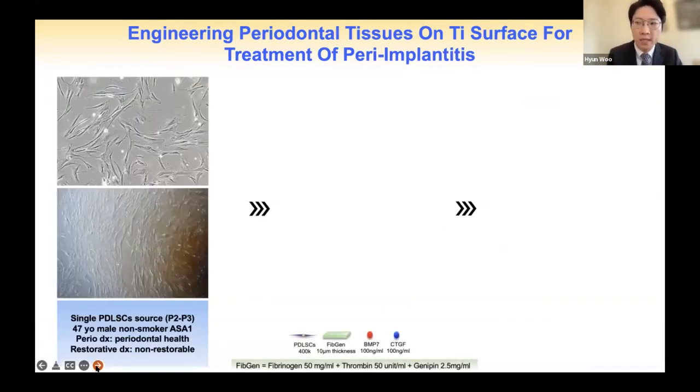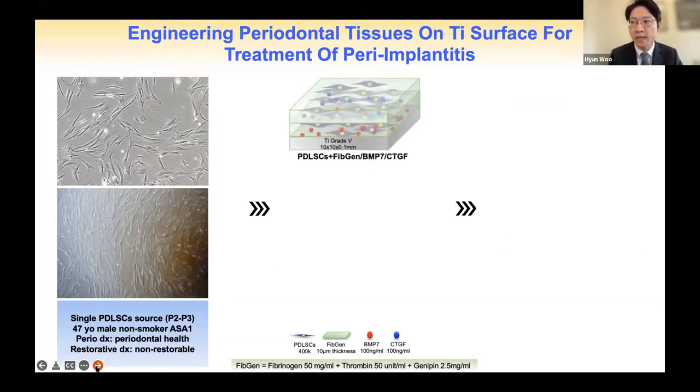Following RRB, healthy PDL cells were isolated and cultured from a single patient to target cementum and PDL. PDL-SC plus fibrinogen-apine with BMP7 and CTGF was loaded on the titanium plate. The first layer of BMP7 was loaded, and 1 week after, the CTGF layer was loaded.